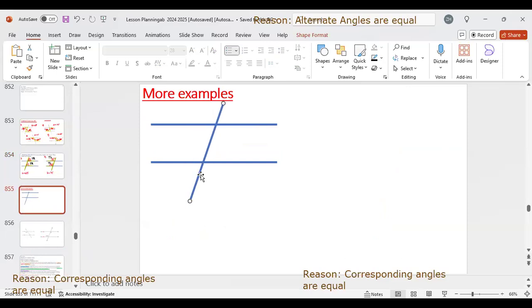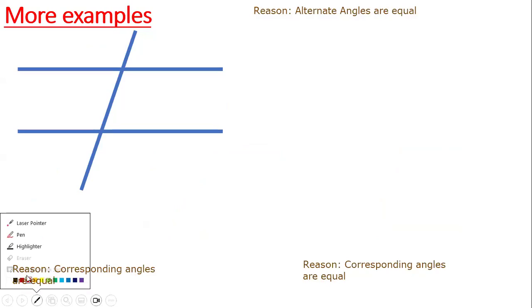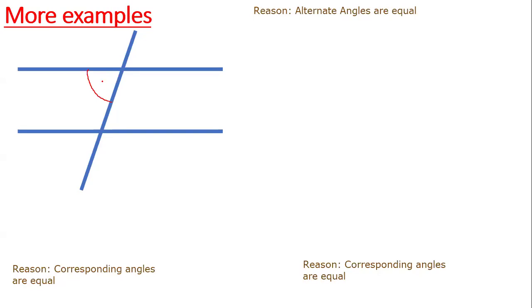But let's say that we have this angle as 26 degrees. So if this is 26 degrees, and let's call this one X.